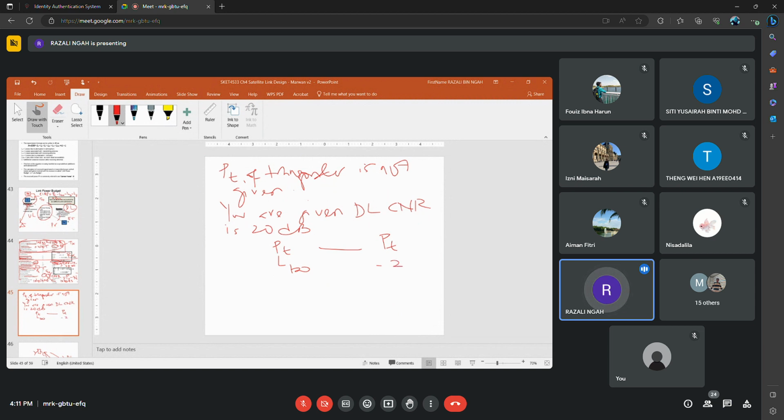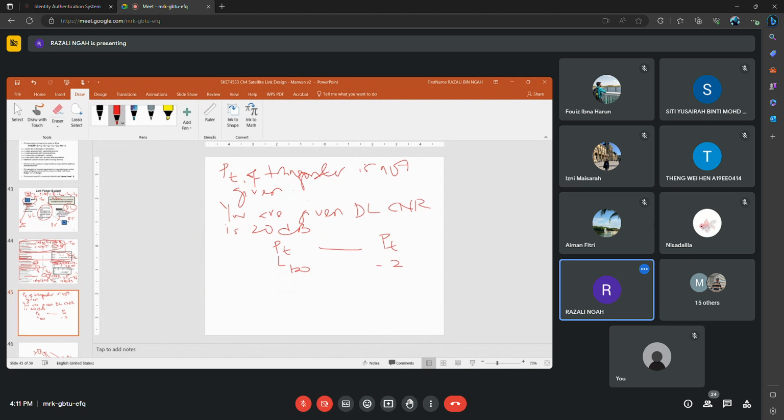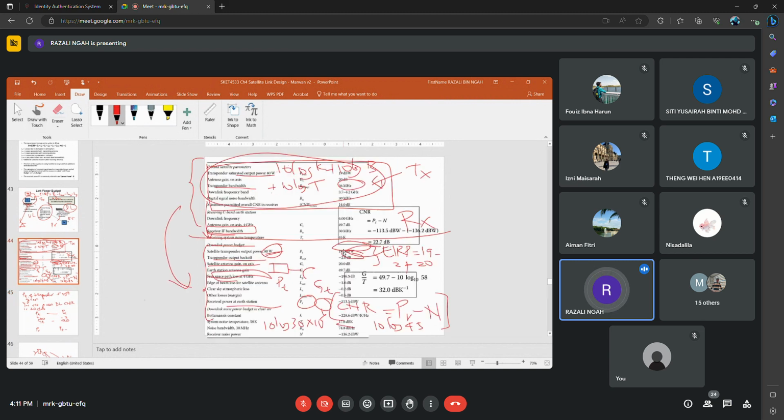The rest you just follow. Let's say GT 20 dB, that is plus. So at the end, you will get your receive power equal to PT minus something. So you ignore it, now it becomes 19 dB.